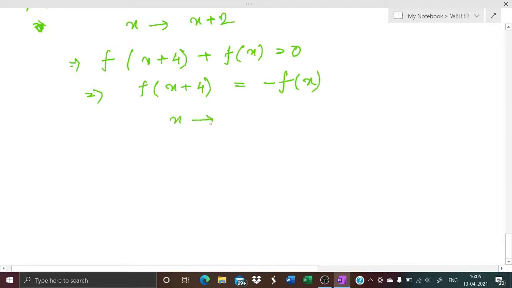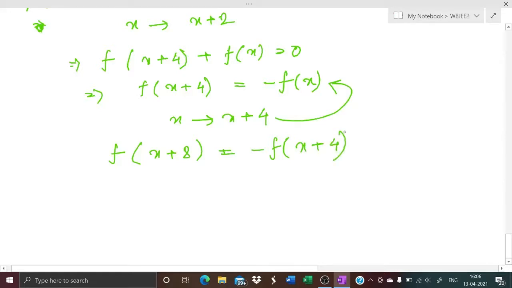Now I will put x as x plus 4 in this equation. So I will get f of x plus 8 equals minus f of x plus 4. And from here you can see that f of x equals minus f of x plus 4.